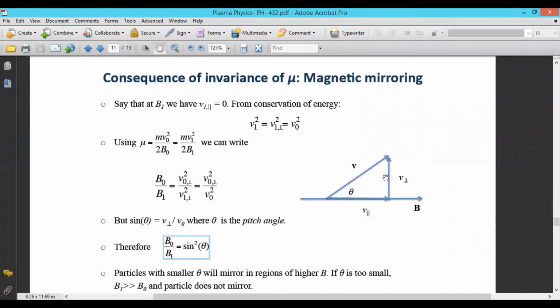And if we look at this figure, we are moving along the magnetic field, so one component of velocity is v parallel along the magnetic field, and the other one is v perpendicular. And if theta is the angle with respect to the initial direction, we can say that v perpendicular over v naught should be equal to sine of theta, and so we can write B naught over B1 equals sine square theta.